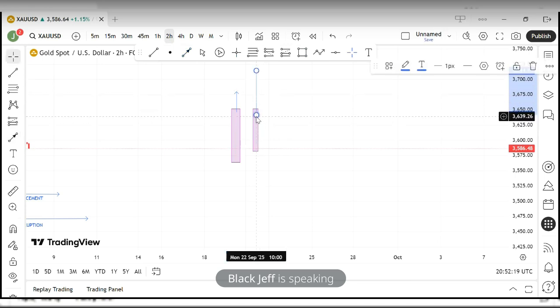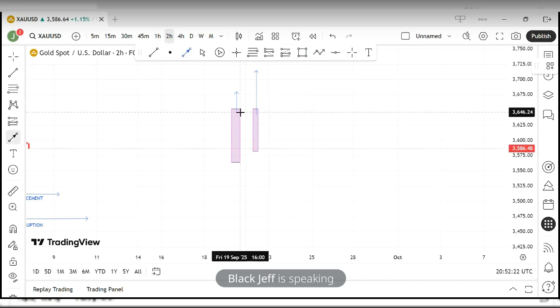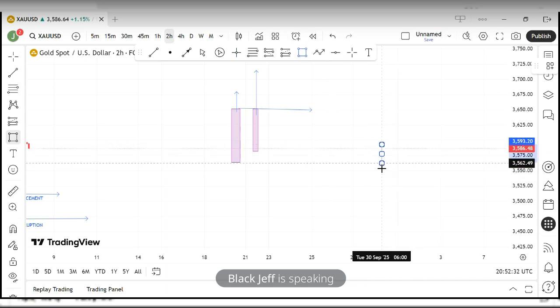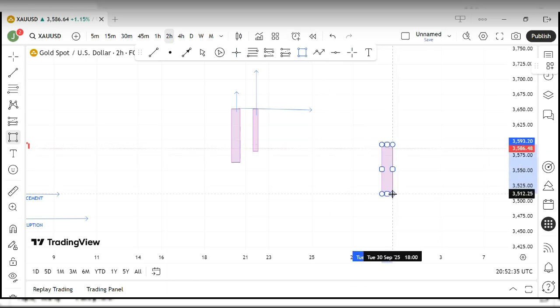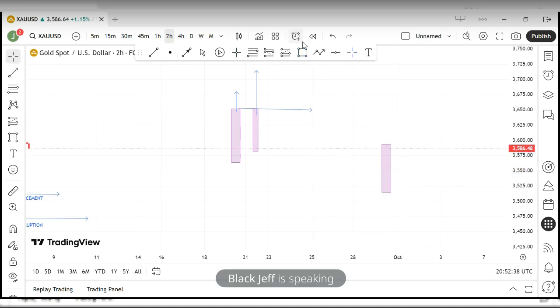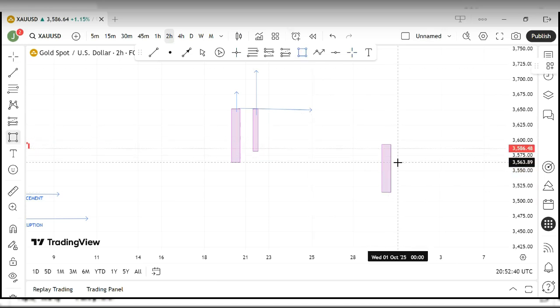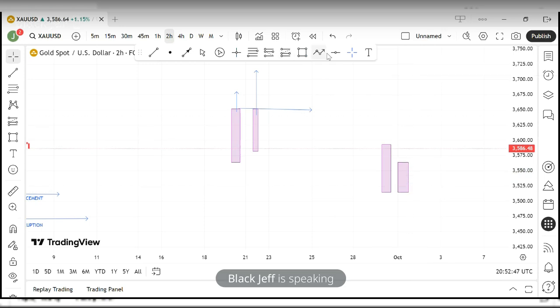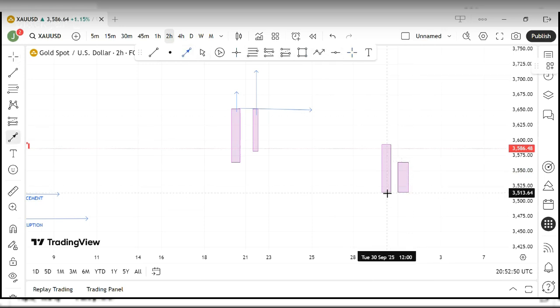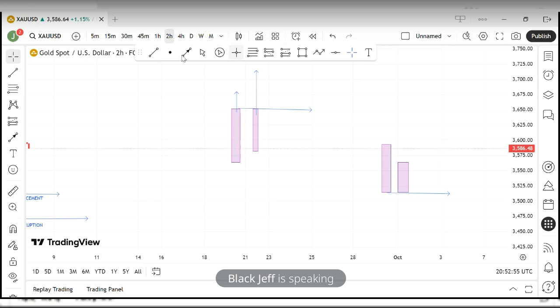Having equal highs, or in this case, equal lows.